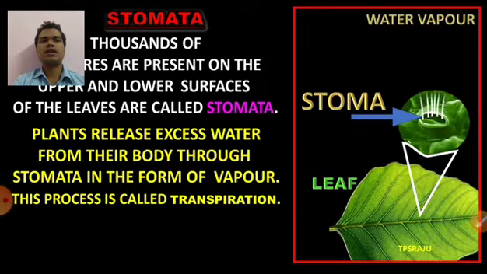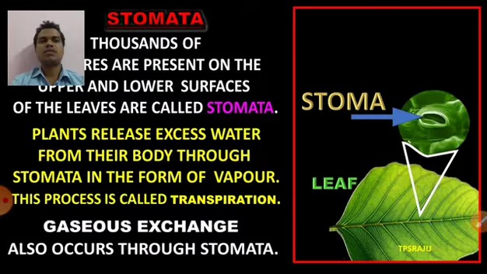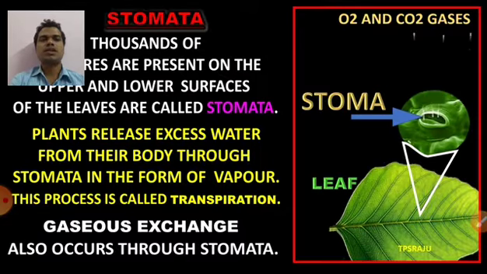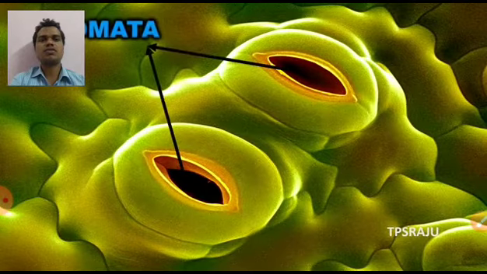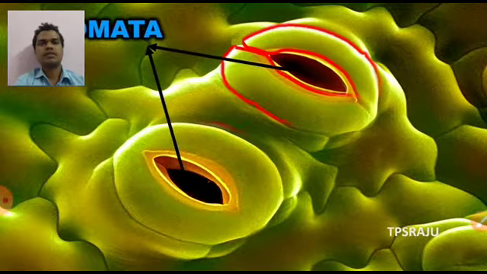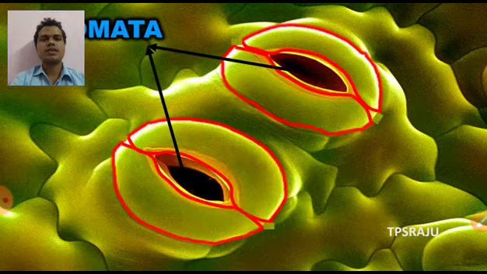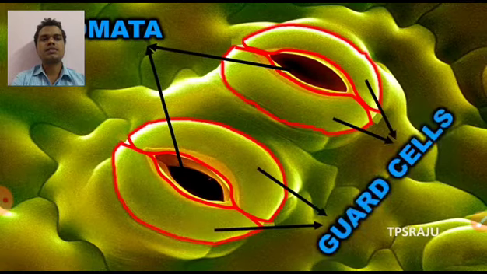These are the areas where the excess water goes into the atmosphere in the form of water vapor. This is called transpiration, the removal of water. And it also acts like a nose, useful for exchanging gases. These are all called stomatal cells. These stomata have guard cells. See, these red colored things are all called guard cells.